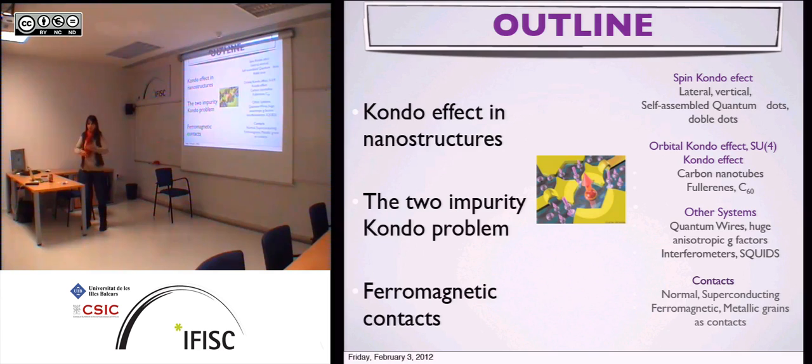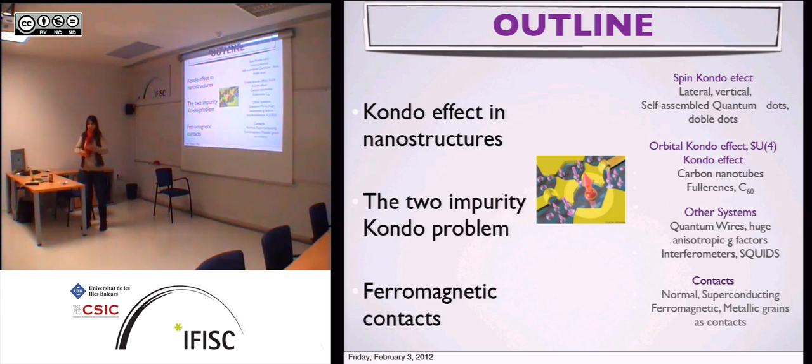Okay, and this has been observed again in metals with magnetic impurities, but has been more recently experimentally proved in double quantum dots. And this is the system that I have studied in many different situations. So you can have different regimes. One is this regime in which you can think about having each quantum dot forming its own Kondo effect.